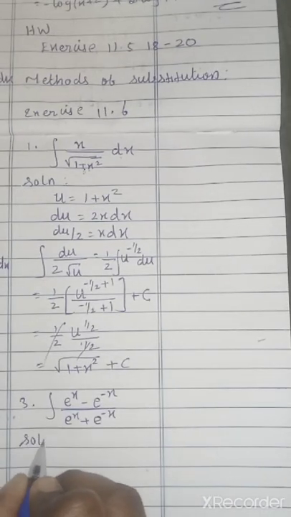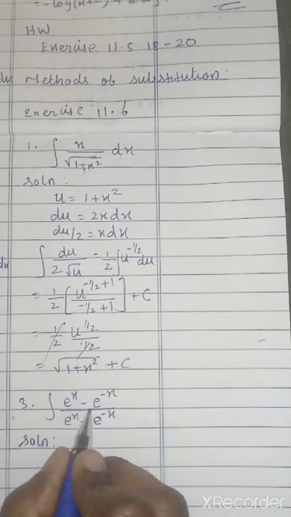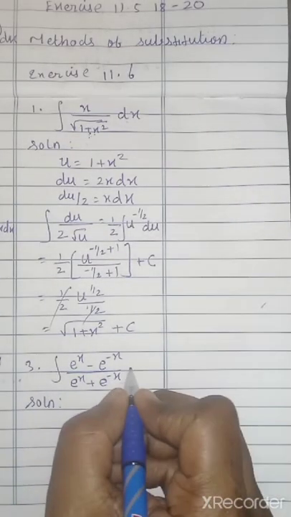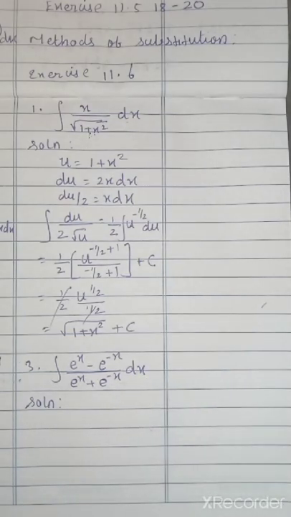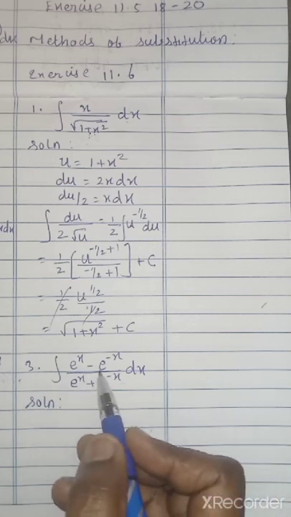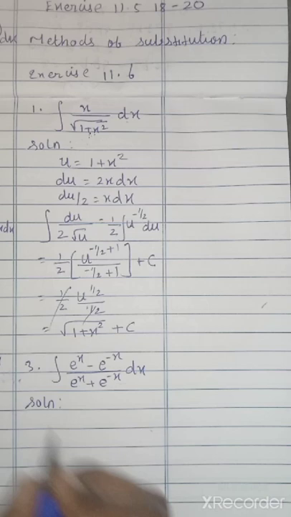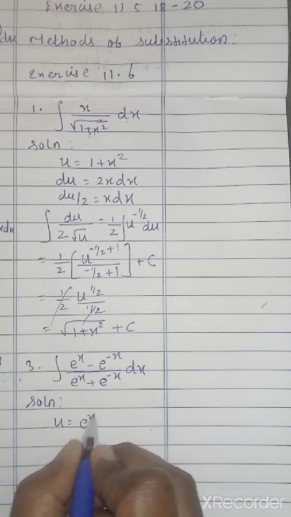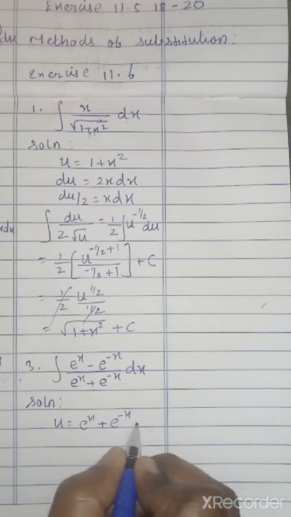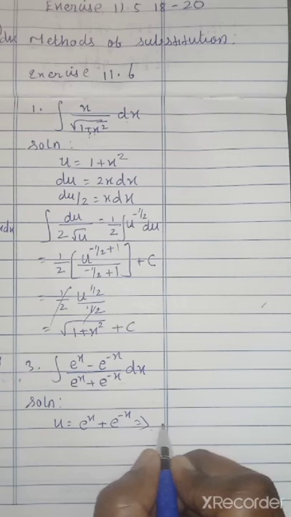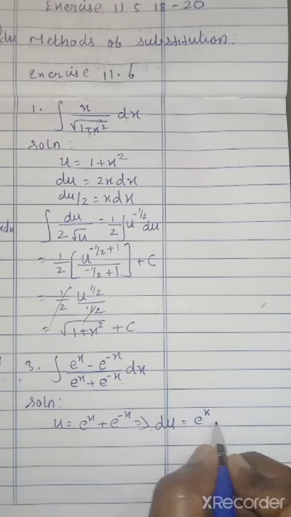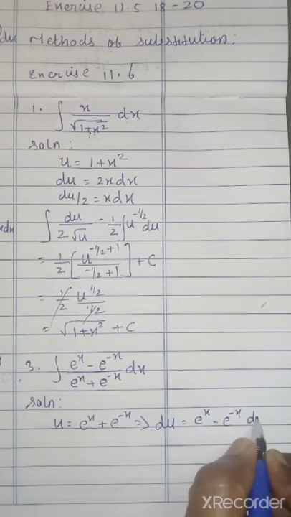Now third subdivision, integral of e power x minus e power minus x by e power x plus e power minus x dx. So what is the substitution method? We have to differentiate one term, and if we get the other term, then we can use this substitution method. So here we take u equal to the denominator, e power x plus e power minus x. If we differentiate this, we get du equal to e power x minus e power minus x dx.